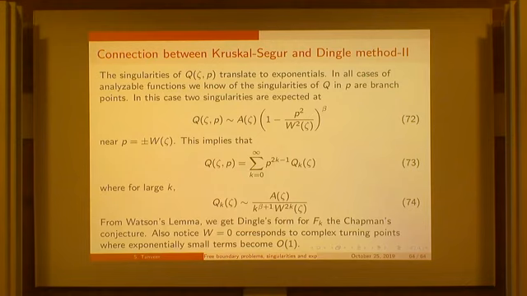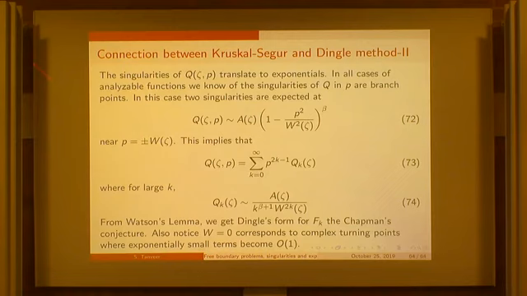Now, why is it that a complex excursion gets you to a point where exponentially small terms become order 1? Well, look at this: the location where the singularity happens depends on where you are in zeta.